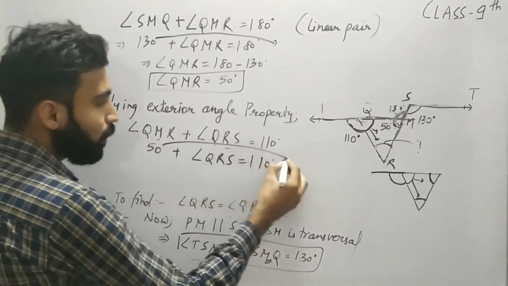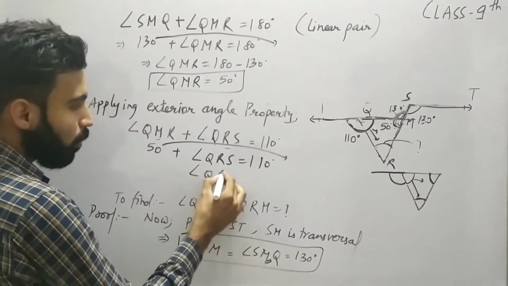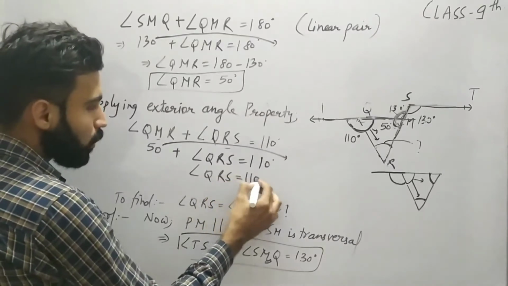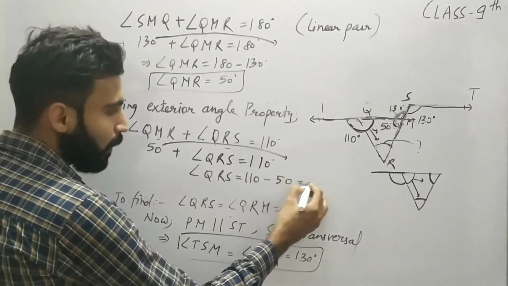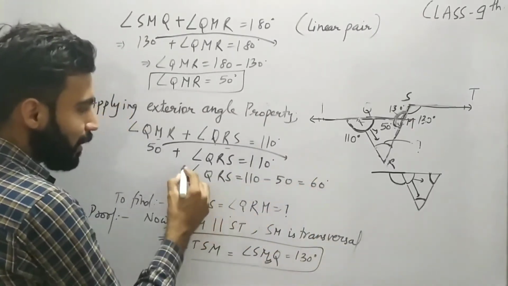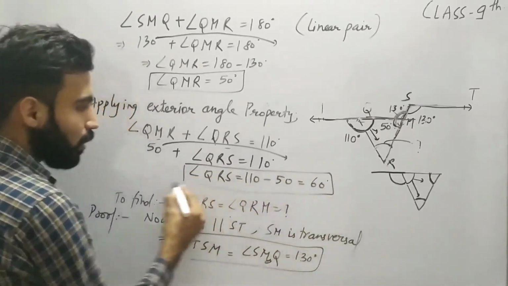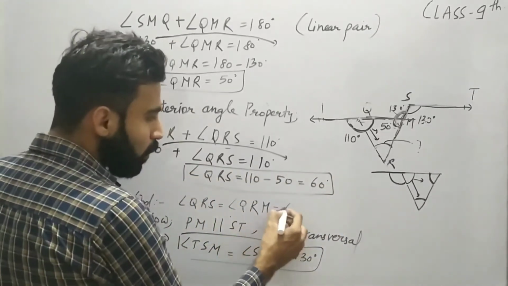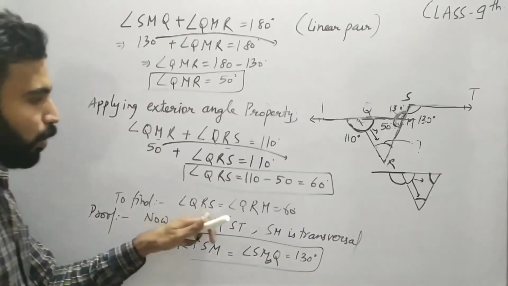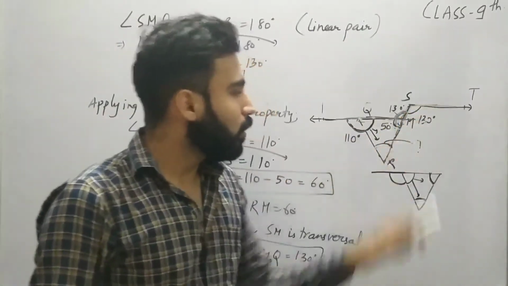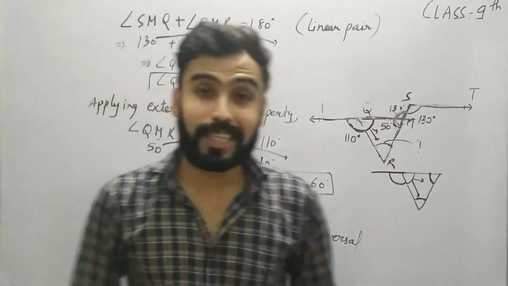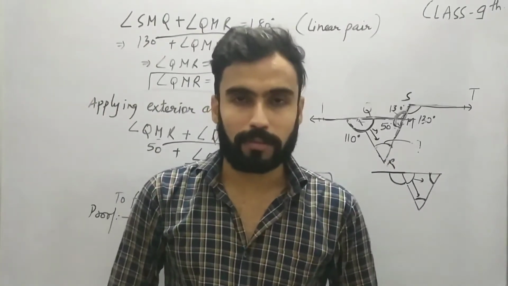So transfer this 50 over to the right hand side. This will bring angle QRS as 110 minus 50, that means 60 degrees, right? So this is what we were finding out, that angle QRS, or you can say QRM, is 60 degrees, right? So that's all.